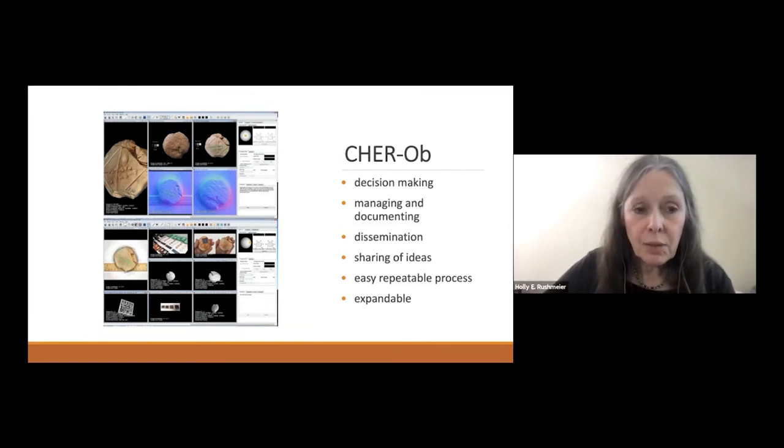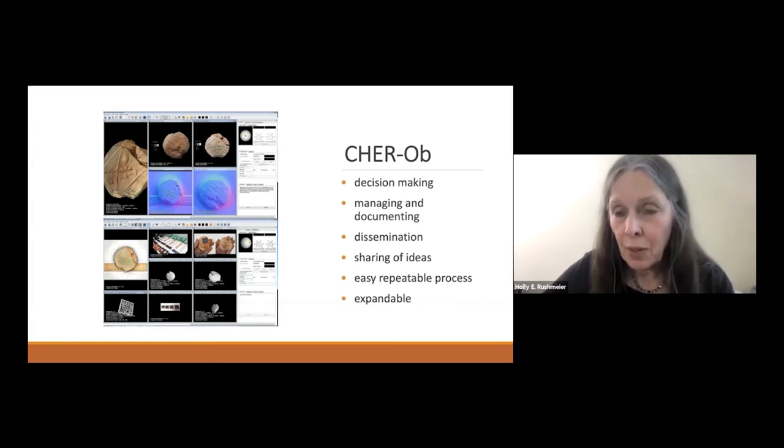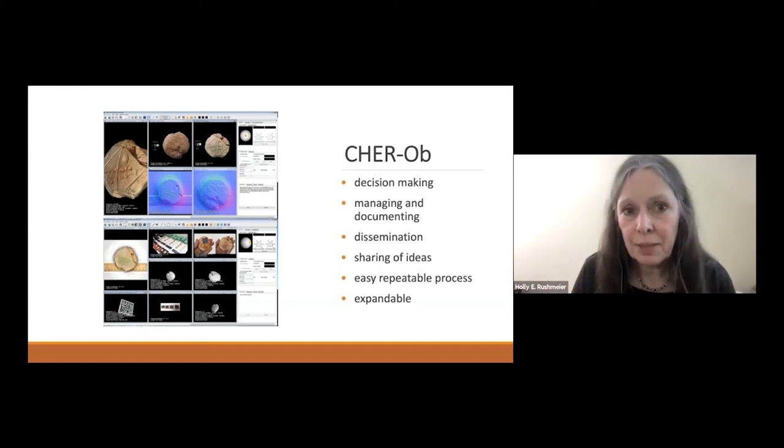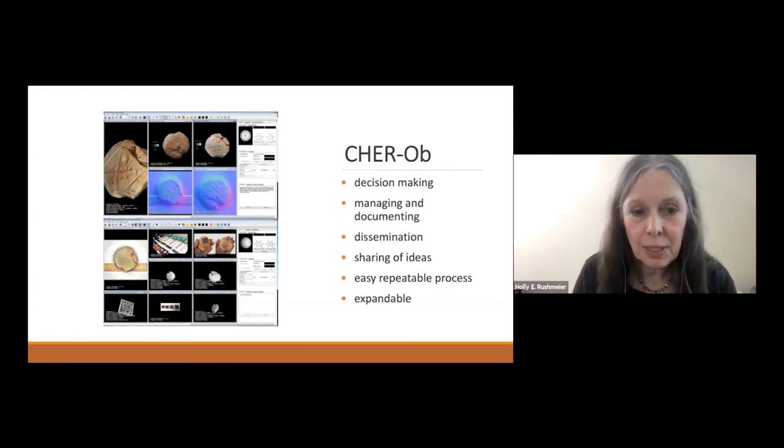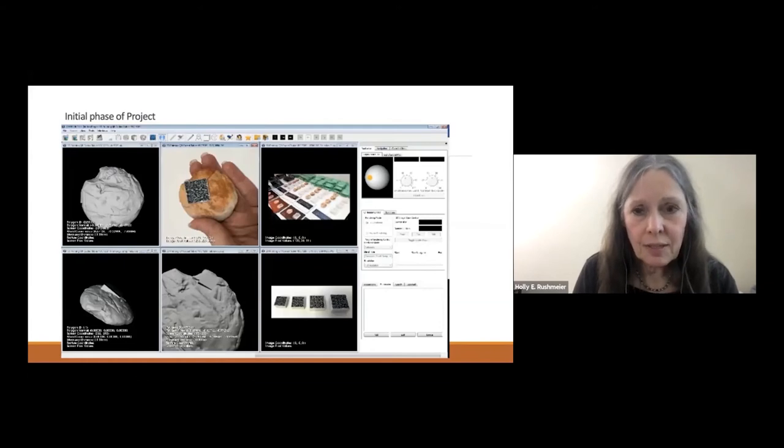And then also the project was deciding, okay, how do we get this QR code onto the 3D object? Where do we stick it? How big should it be? So doing experiments, trying that out, and then sending out for samples to be printed and looking at those results. So these are some samples in the work in progress and one of the sample prints.